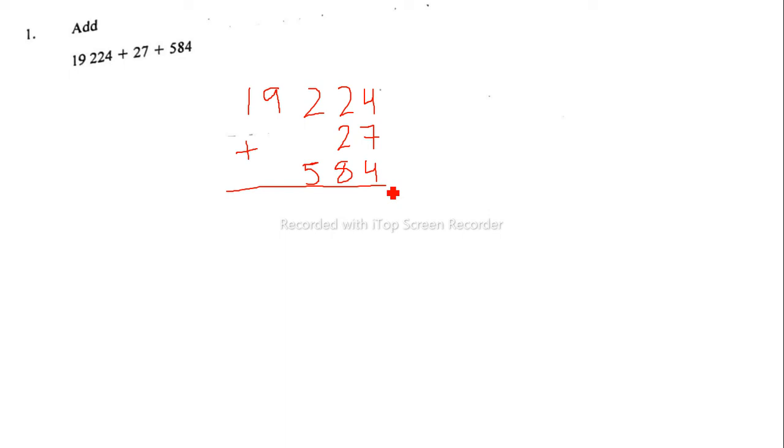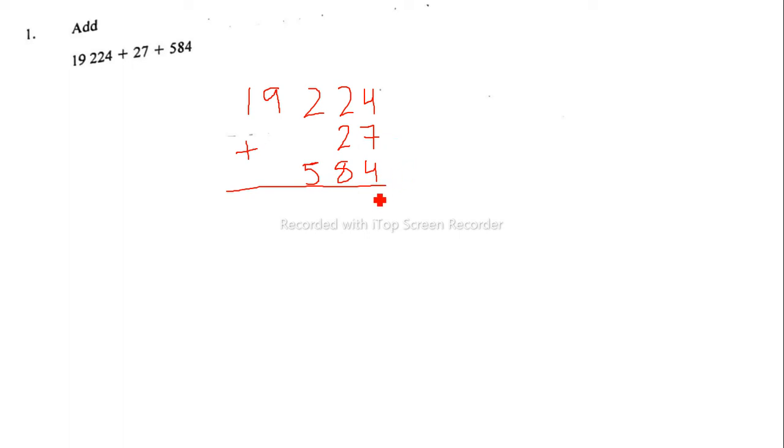19,835. Okay. So the first thing we're going to do is add this. So 4 plus 4 is 8, 7, 15.